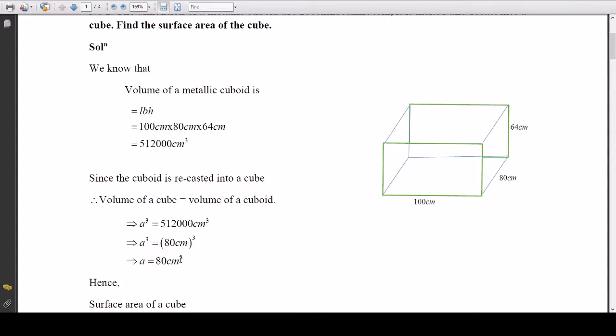Actually, a cube is equal to this; if you take it to the right side, it will be the cube root of 80 centimeter cube. The cube root and the cube will get cancelled, and you'll get only a equal to 80 centimeter.